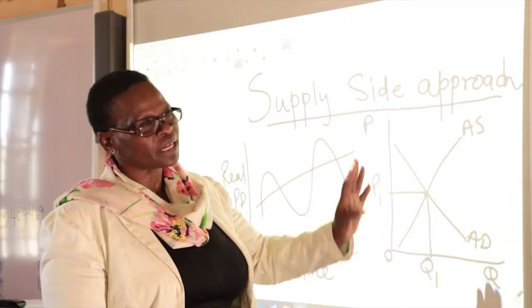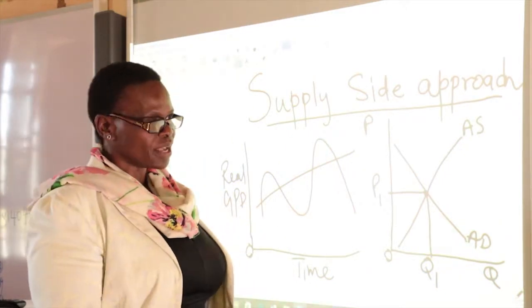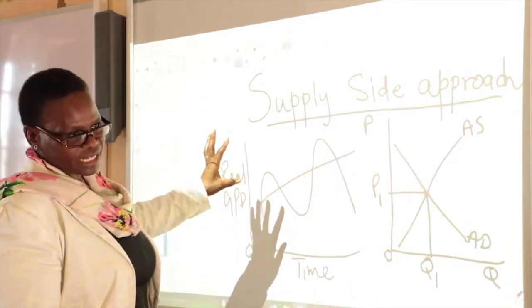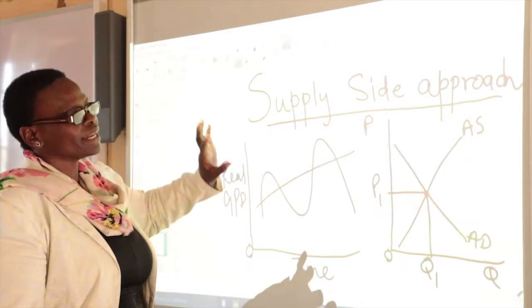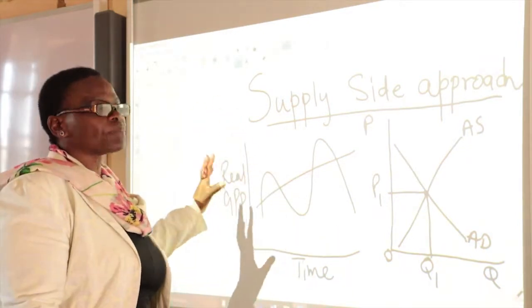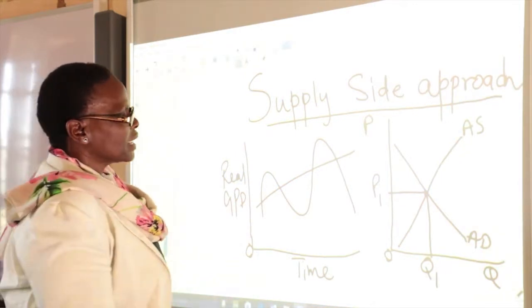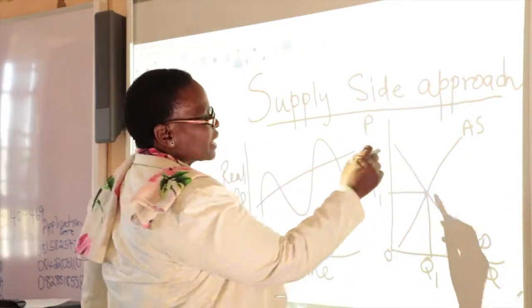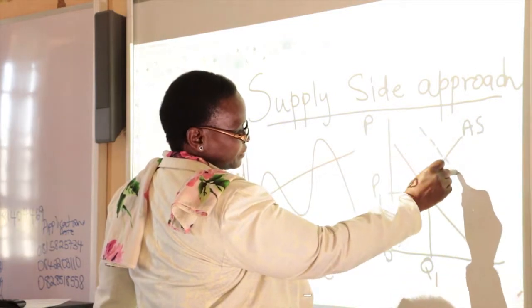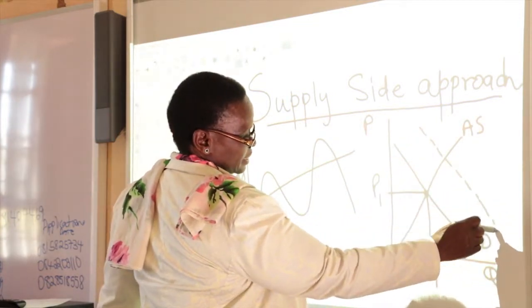We want to shift to increase the aggregate demand. So all the policies that have been applied, the monetary and fiscal policies, were expansionary, trying to increase aggregate demand, which would mean that our aggregate demand curve would have shifted to the right.